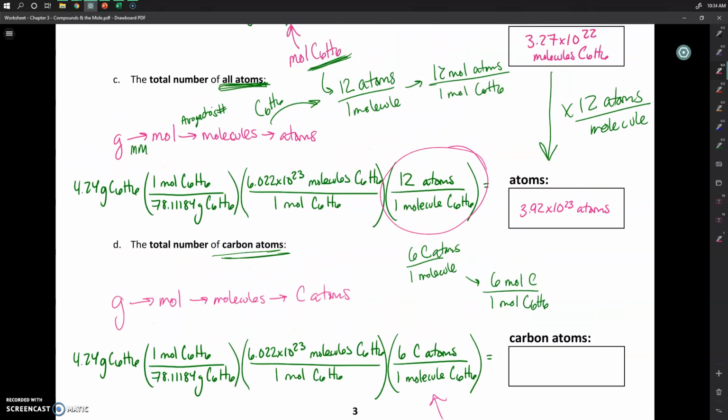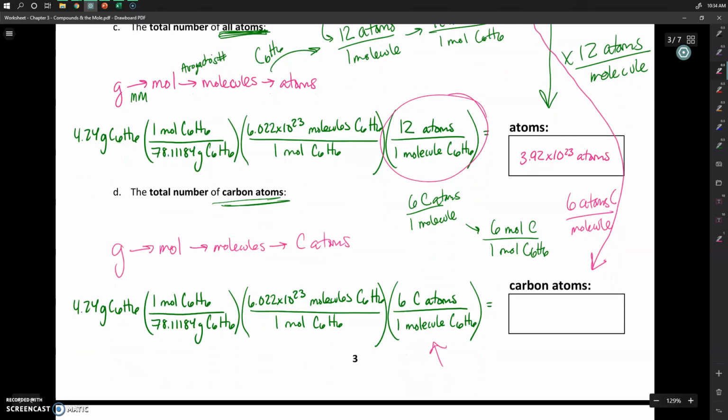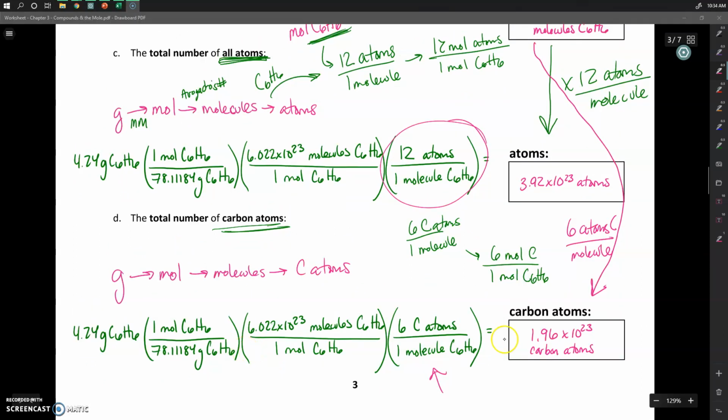So you could have gone from all the way up here, the number of molecules, down to carbon atoms by just multiplying by 6 atoms of carbon per 1 molecule. But make sure you recognize how to do this from grams as well. So our final answer here should be 1.96 times 10 to the 23rd carbon atoms. And the other thing you can note here is that it's exactly half of the total number of atoms.